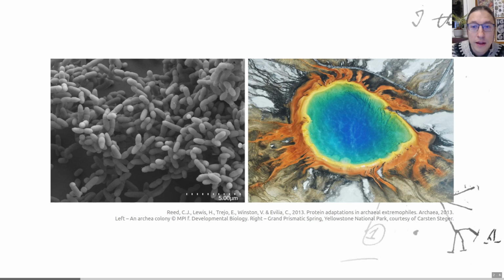Specific examples of that include thermophilic proteins. Those are found in archaea that live in volcanic waters, such as those of the Yellowstone National Park, shown on the right-hand side here. These special proteins, which have evolved in the group, have the ability to retain their structure and function in extremes of temperature at up to 105 degrees Celsius.